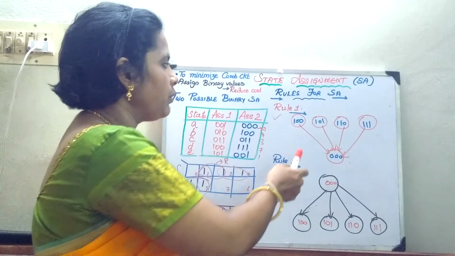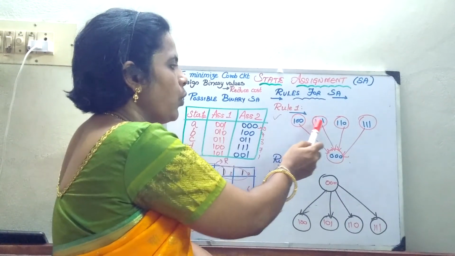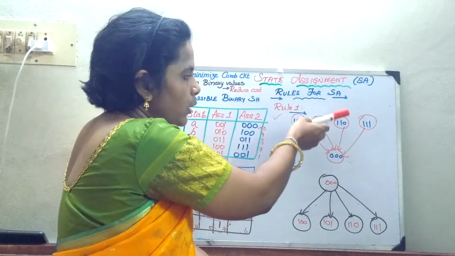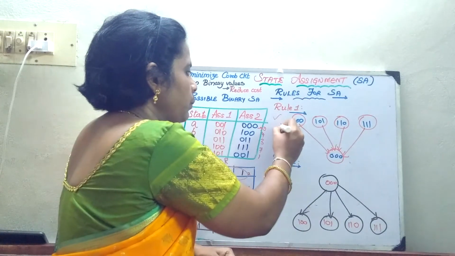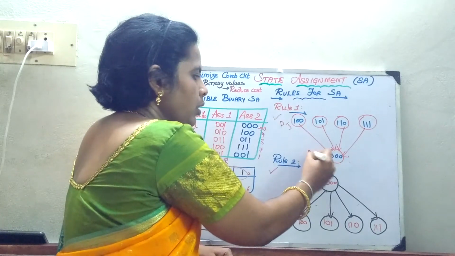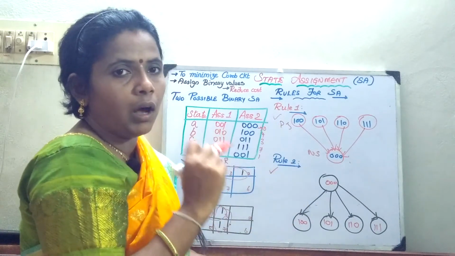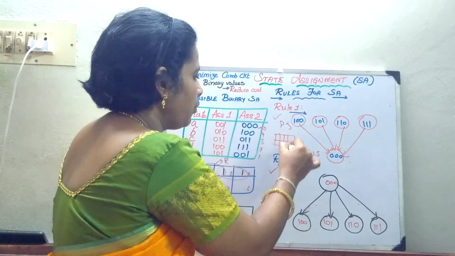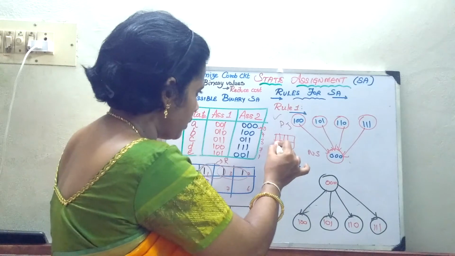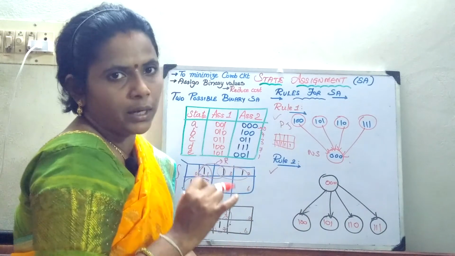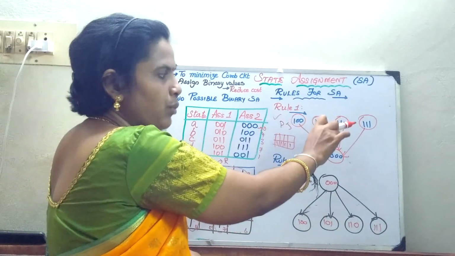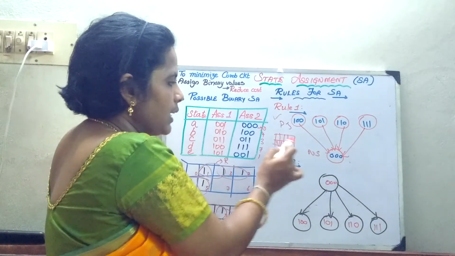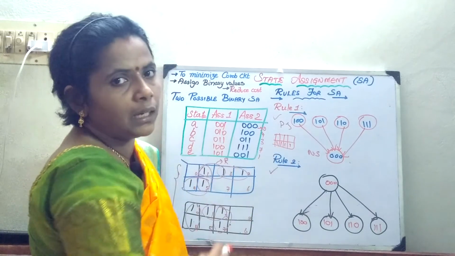I have randomly taken 4 present states, 4, 5, 6 and 7, which have the same next state. In that case, all these cells can be grouped together in the K-map. If different states have the same next state, they can be grouped adjacently in the K-map.